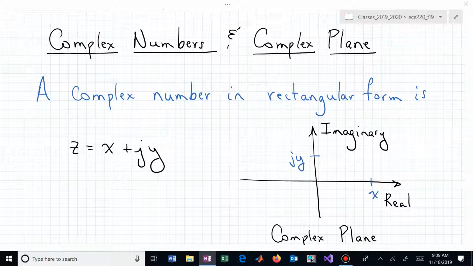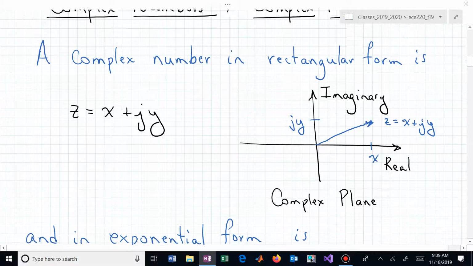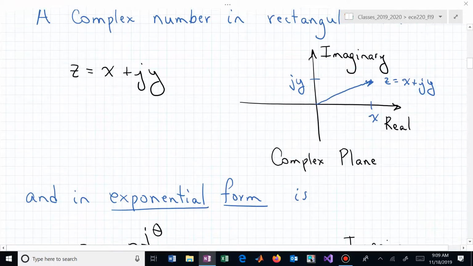You now have this x plus jy as a point, or you can view it as a vector, and now this z is located on a plane with a real part equal to x and an imaginary part equal to y. That's the rectangular form.